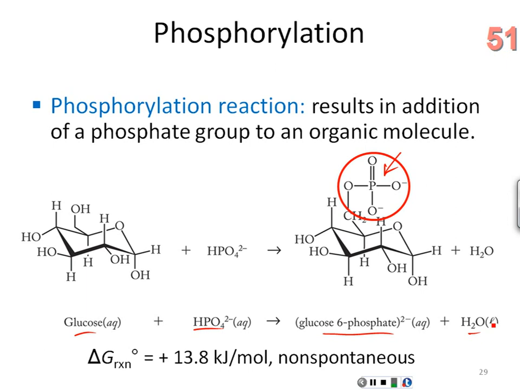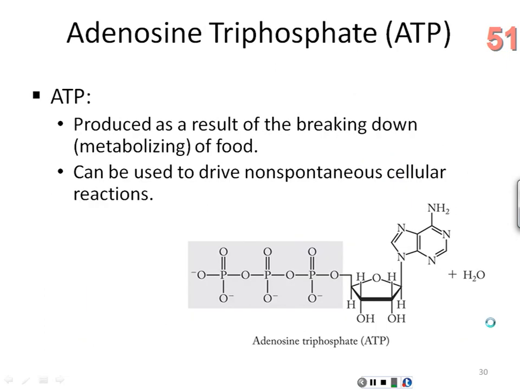So how does our body get around this? It gets around this by using a molecule called ATP, adenosine triphosphate. ATP is produced as a result from breaking down foods that we eat, and it can be used to drive non-spontaneous cellular reactions.